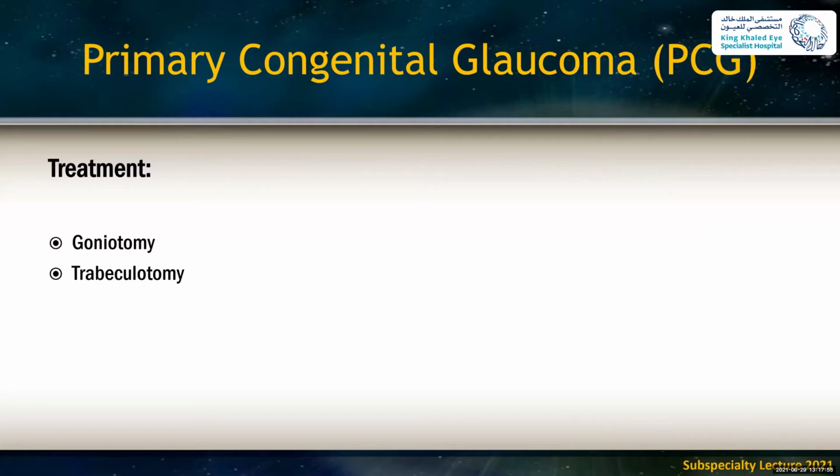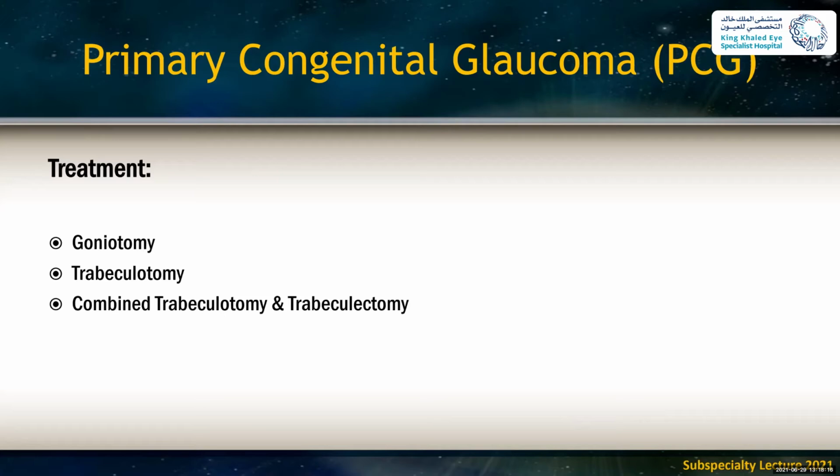In trabeculotomy, you cut the trabecular meshwork from an external approach. And in the early 90s, probably, surgeons started to combine trabeculotomy with trabeculectomy, hoping this would improve the surgical outcome.